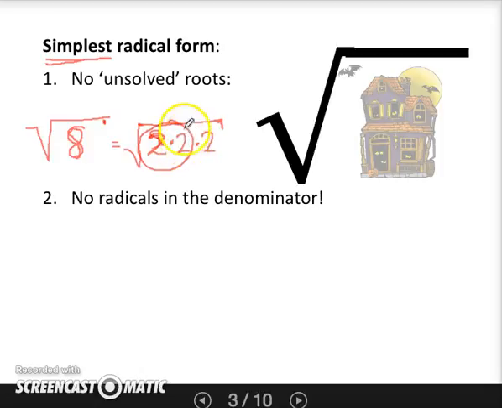So what we can do here is take this square number outside of the radical and express it as just plain 2. So the way we would write this in simplest radical form would be taking out this square number. We would write this as 2 times the square root of 2.